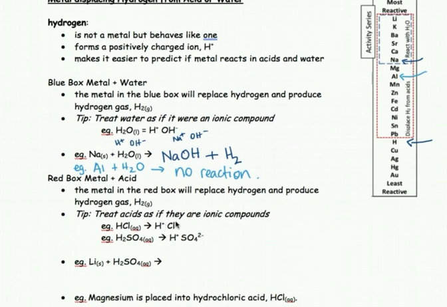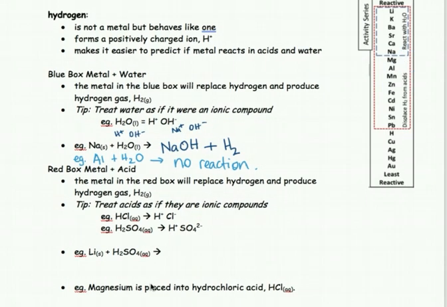So hydrochloric acid becomes H plus Cl minus, and sulfuric acid here becomes H plus and SO4 2 minus. If you do that, it's a lot easier to combine them and make a new compound.